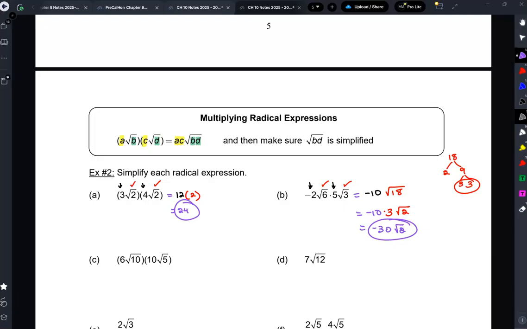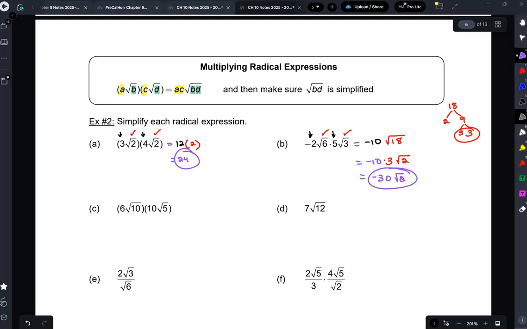So from the negative 10 root 18 and on, this is what we did yesterday. All right? Okay. Here, what's on the outside? I have the 6 times the 10, that gives me 60. Then I have root 10 times root 5. These are both roots.